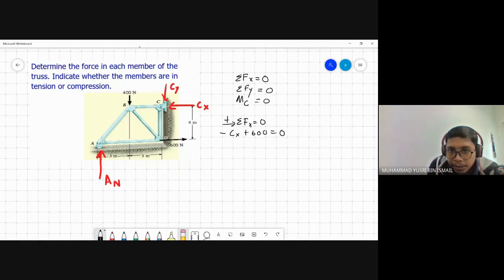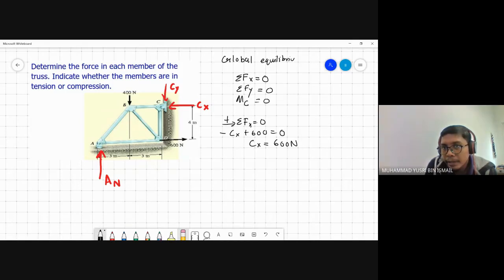So Cx is equal to 600 Newton. Okay, this is what we call a global equilibrium. You apply global equilibrium to all of these forces.